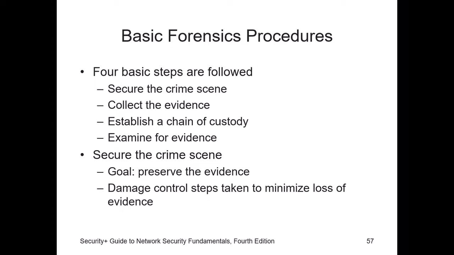And fourth, examine the evidence. Find out exactly what happened, what was taken, what this software that was sitting on the server was doing, what it was looking for, and how it captured and analyzed the data. And of course, down the road, you want to use this in court.